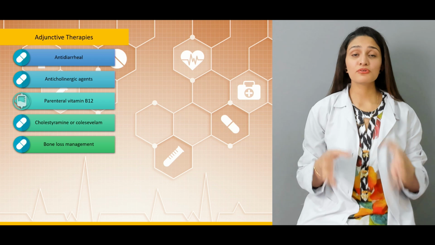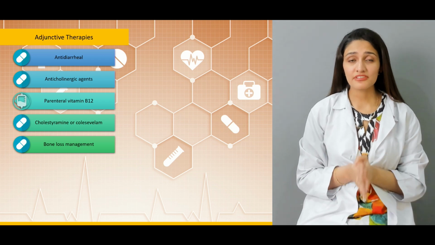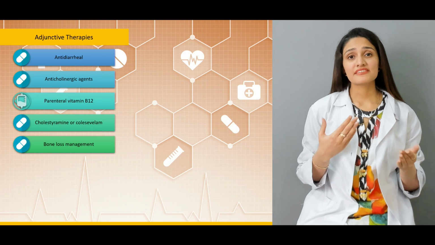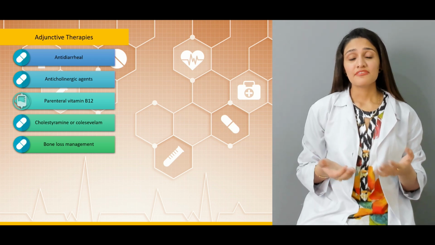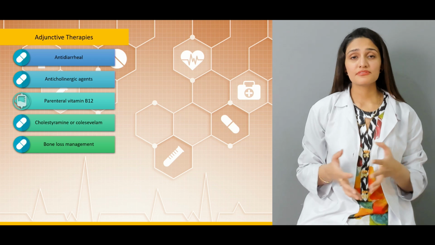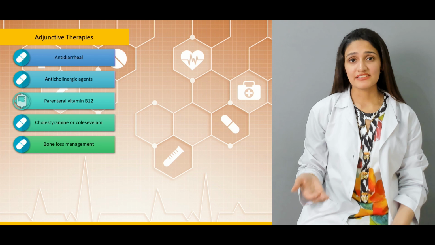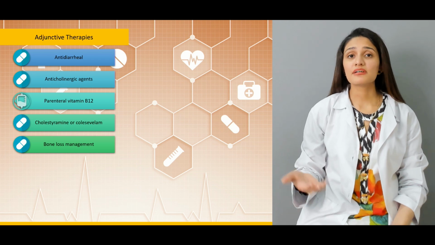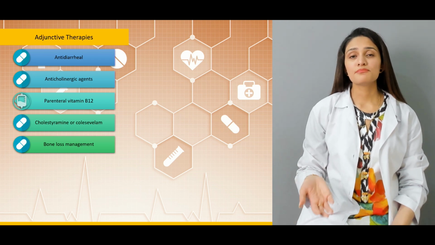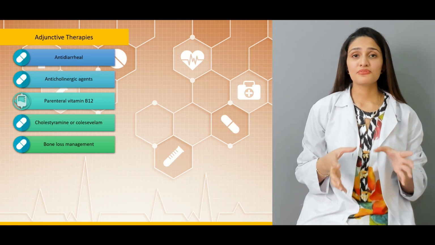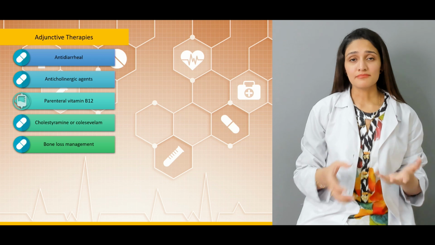Other than that, bone loss management is very important in Crohn's disease because there is a low bone density. When research was done in some patients with Crohn's disease, they went through investigations regarding the bone, and they saw that there is a decrease in the bone density. So we have to manage it medically.